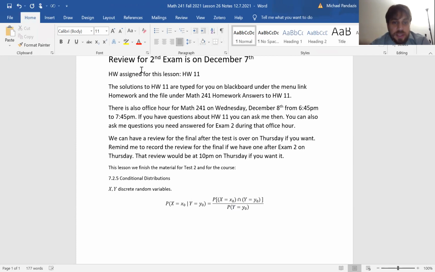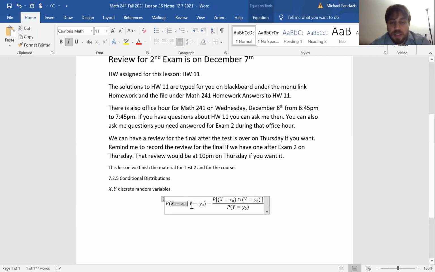Okay, this is the conditional probability. This is the probability that X equals x naught, given that Y equals y naught. So it's equal to, in the numerator, the probability that X equals x naught and Y equals y naught, divided by the probability of Y equals y naught.